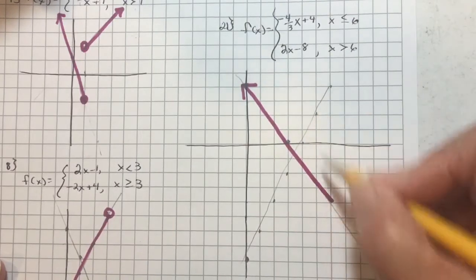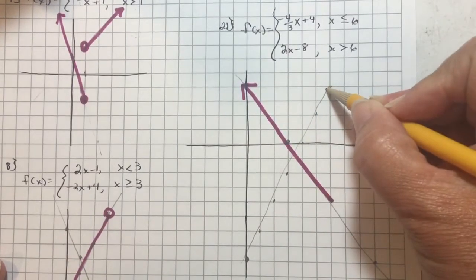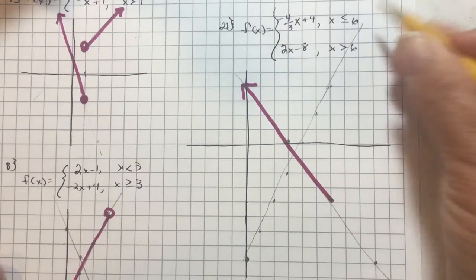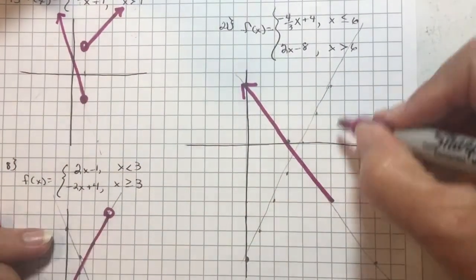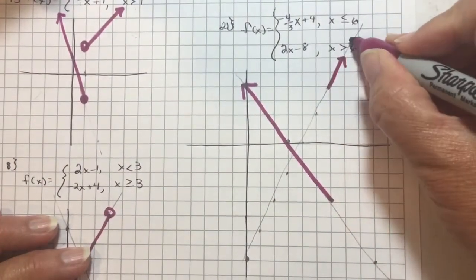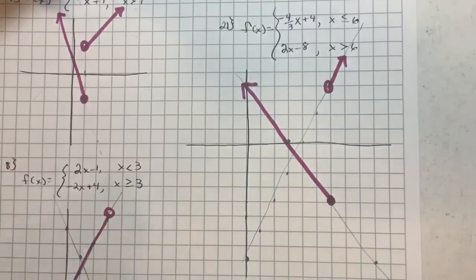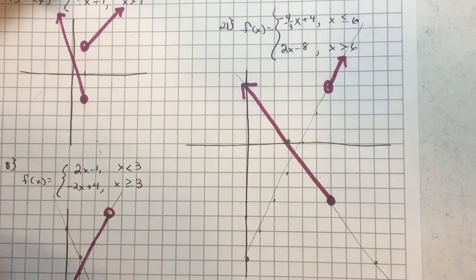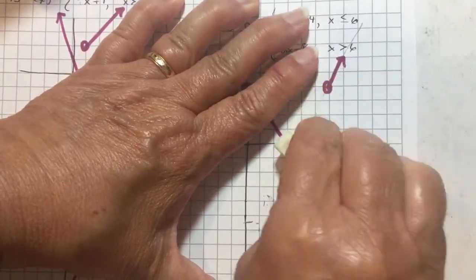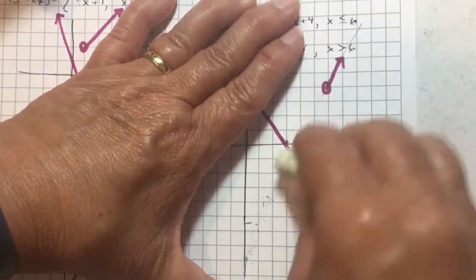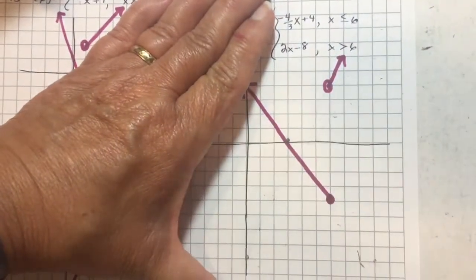That's why I kind of kept going, because I knew I had to at least come up to the 6. So I want the portion of the line from here over, not including the 6 on that piece, including it on that first piece. And again, these light pencil lines are not part of the problem. It's a good practice to erase them off once you're done.